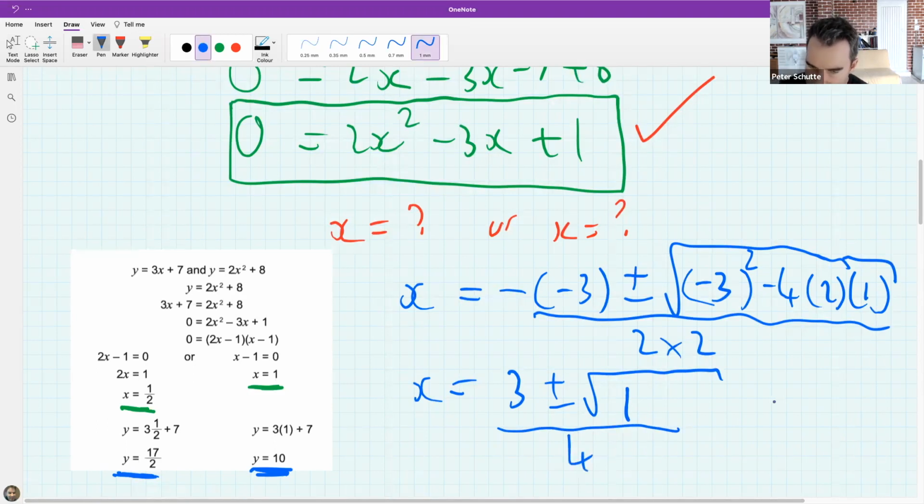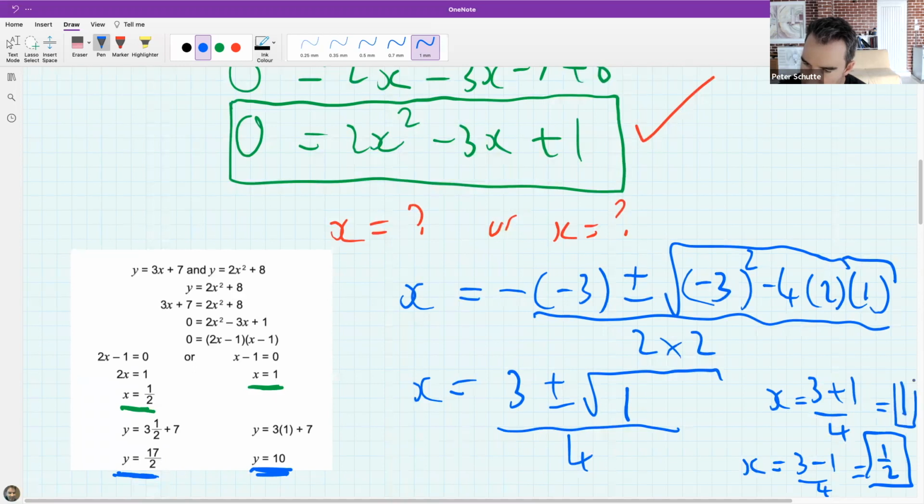And so then X is going to be equal to 3 plus 1 over 4, or X would be equal to 3 minus 1 over 4, which gives me 1, or it gives me a half for X, which is exactly the same as what they got here.